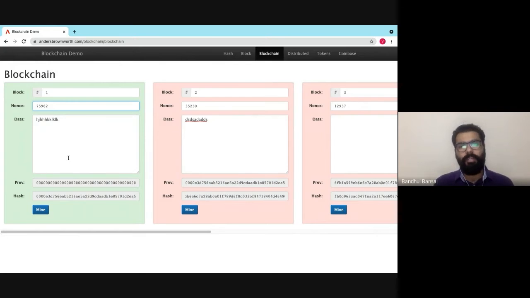They validate and verify the transactions that are there, and whoever guesses the nonce first gets to mine the block. Whoever is able to finish it first will be able to mine it, as well as reap the reward.